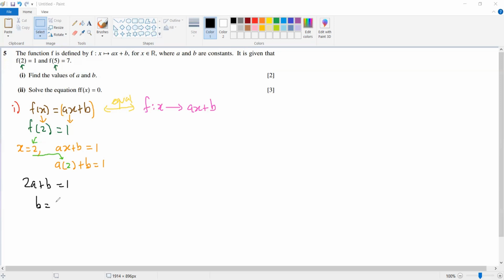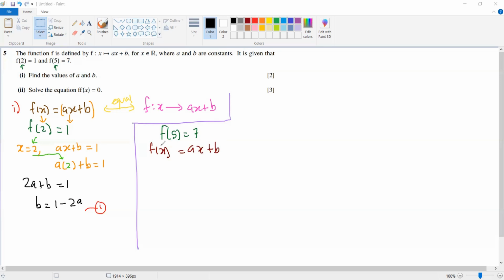Let's make b the subject because it has a coefficient of 1. Let's take this as equation 1, and then we can do the second equation beside it, with the substitution likewise using f(5) equal to 7. So f(5) equals 7 means, below it, we match it up. Copy ax plus b like that.